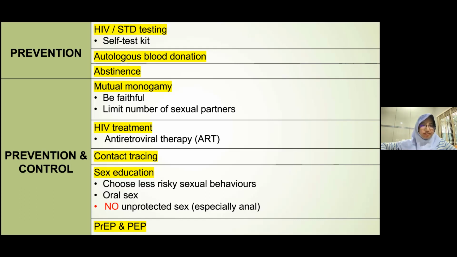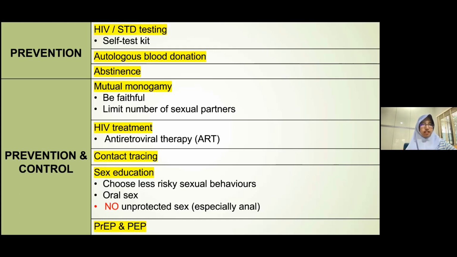But in the end, abstinence does not apply to everybody, because most people have sex in their lives. So when they do, it's better for them to be monogamous. Mutual monogamy: if you've heard of polygamy, poly means many. So mono means one, and mutual means shared or common.